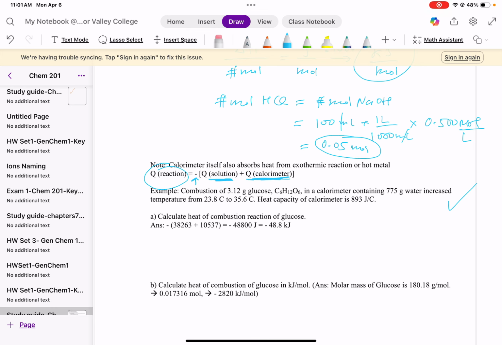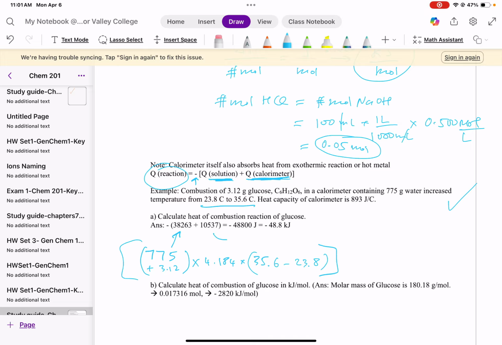Heat of solution would be 775 plus 3 grams times C delta T. This is mainly water, so 4.184 times delta T, which is temperature going from 35.6 minus 23.8. That's just the first part.